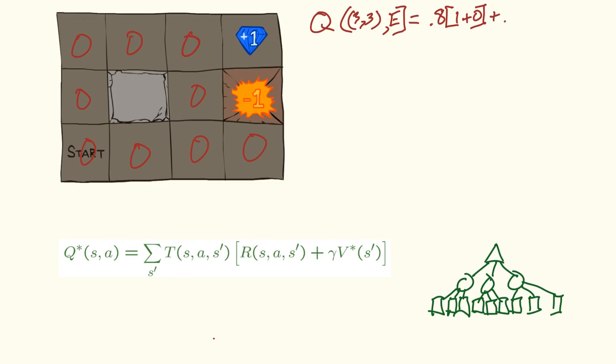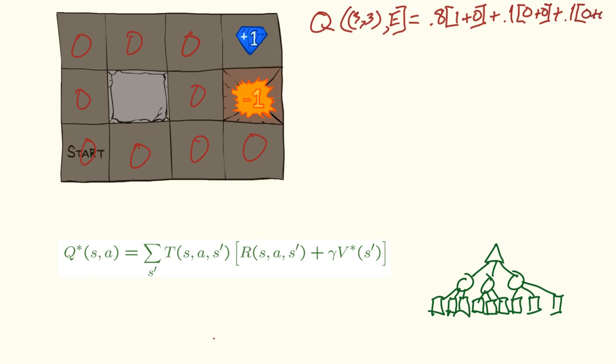Plus 10% of the time it goes north, bounces off the wall, and ends up in the same square, so that it gets no reward plus no value. Plus 10% of the time it goes south down here, but there's no reward there and there is no value there.